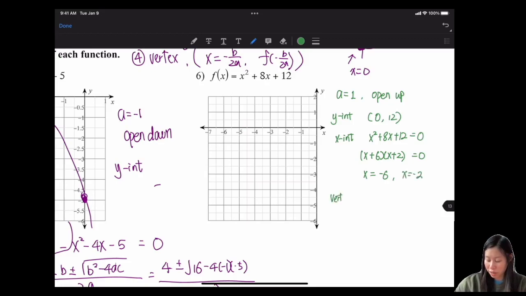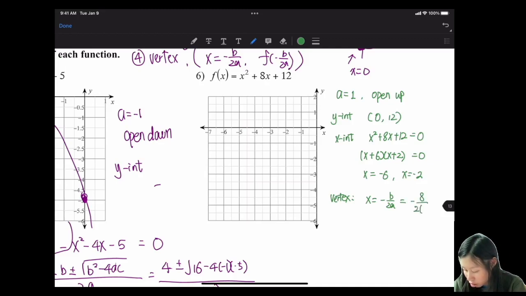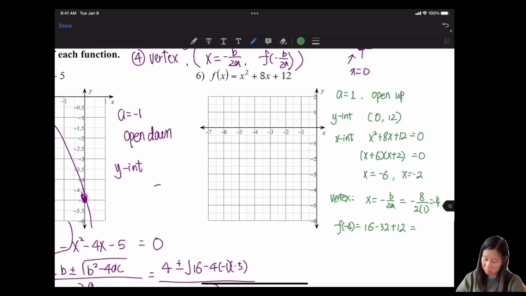And then the vertex. What is the vertex? We use the formula x equals negative b over 2a. So b equals 8, a equals 1. So that means our vertex x-coordinate is negative 4. And then f of negative 4 equals 16 minus 32 plus 12, which is negative 4.